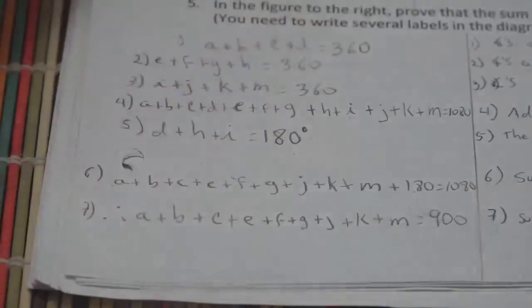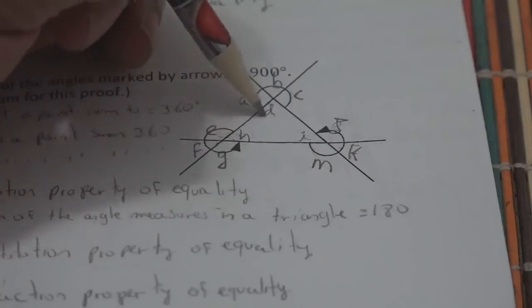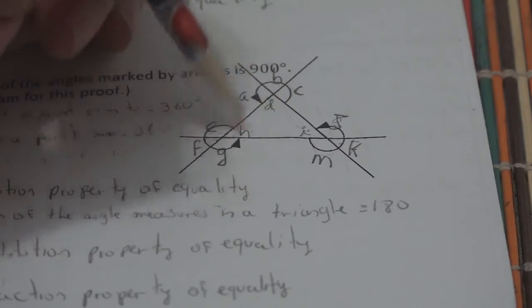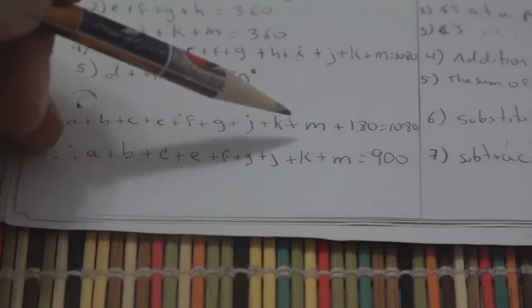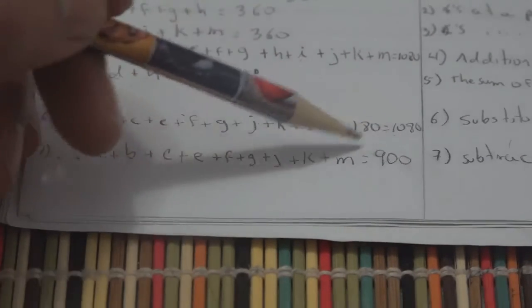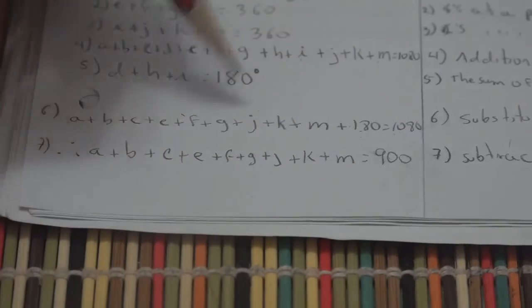Now, guess what? If I take away the angles inside the triangle, then the 180 becomes 900. So that's exactly what I did. If we subtract 180 from both sides, these two quantities are the same.